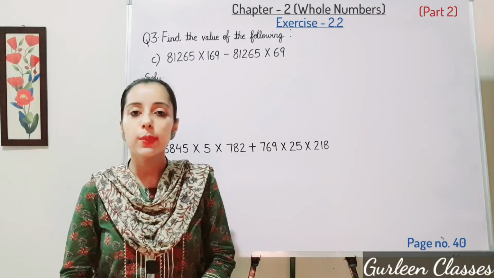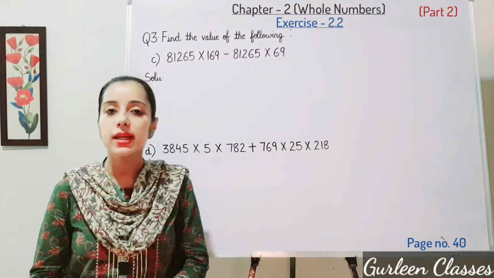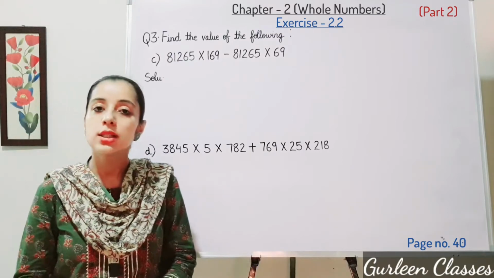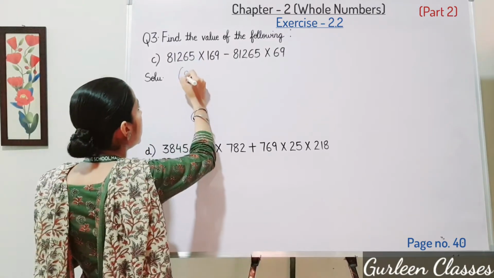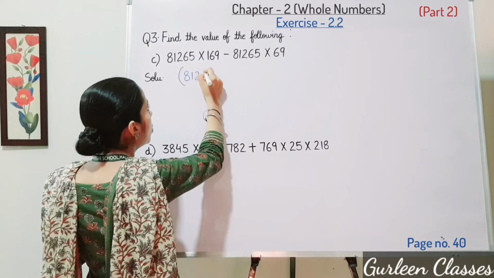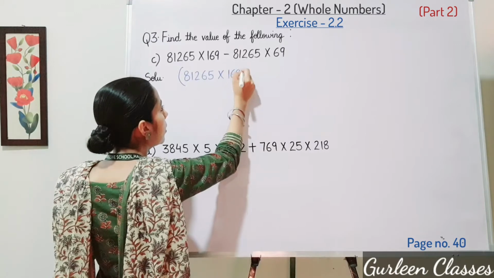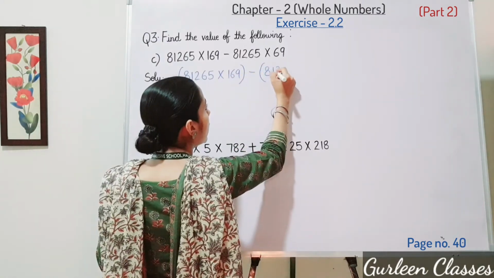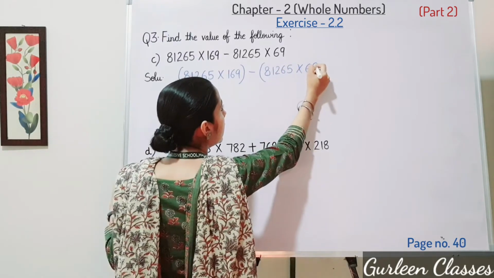C part: 81265 into 169 minus 81265 into 69. So first let us write them in bracket. So right here 81265 into 169 minus another bracket 81265 into 69.